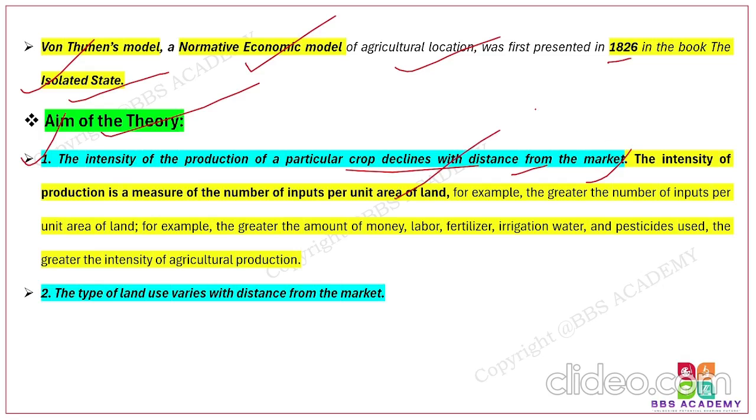For example, the greater the inputs, like money, labor, fertilizer, irrigation, and pesticides, the more they intensify agricultural production. The next aim of the theory was that the type of land use varies with distance from the market.